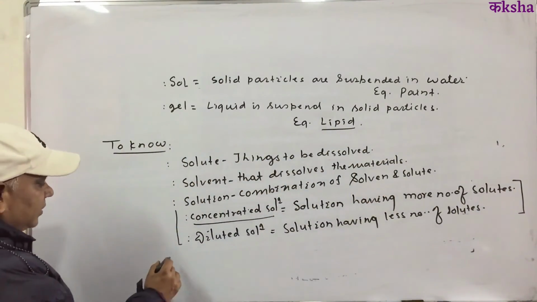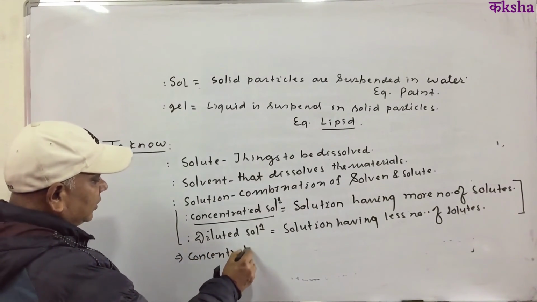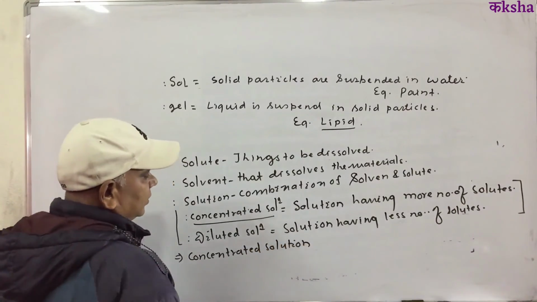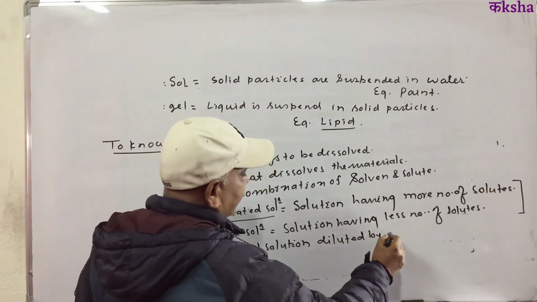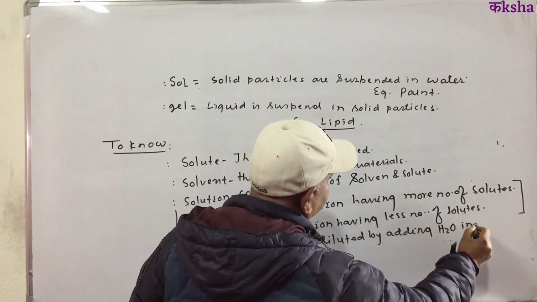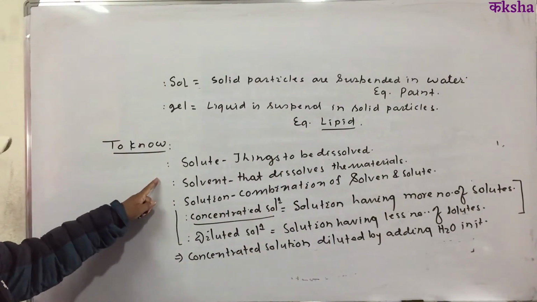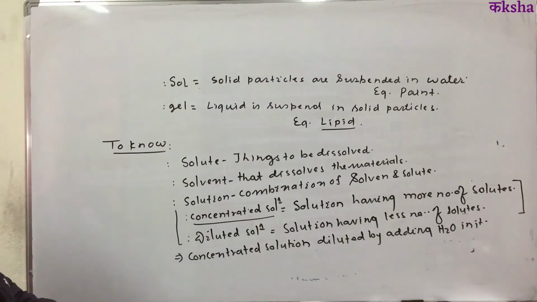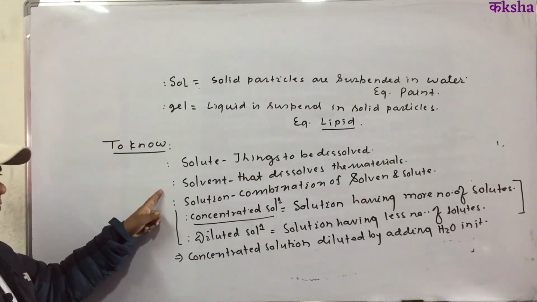A concentrated solution is diluted by adding water to it, right? So these are the points that we have to know. Solute: things to be dissolved. Solvent: that which dissolves; water is a solvent. When sugar is dissolved, sugar is the solute and water is the solvent.